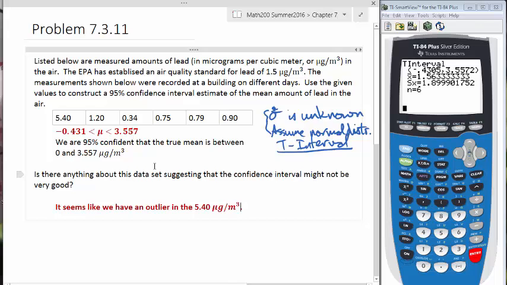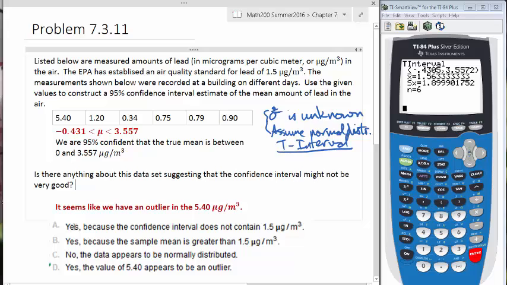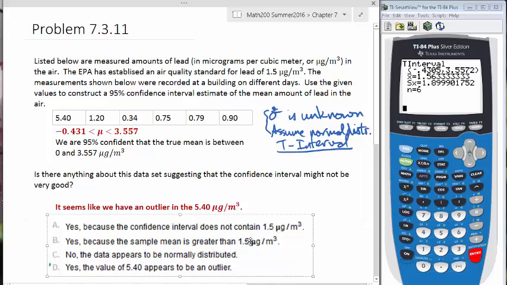Now in the actual homework set, here are the choices that they gave us. If we look at the choices, we see yes, the confidence interval does not contain 1.5. It actually does contain 1.5. If we look at that number, it's between 0 and 3.557. So this can't be a good option. Yes, because the sample mean is greater than this. Well, the sample mean, if we look at our calculator, is 1.56. It's a little bit greater, but I don't think it's enough to point at it as the mean.